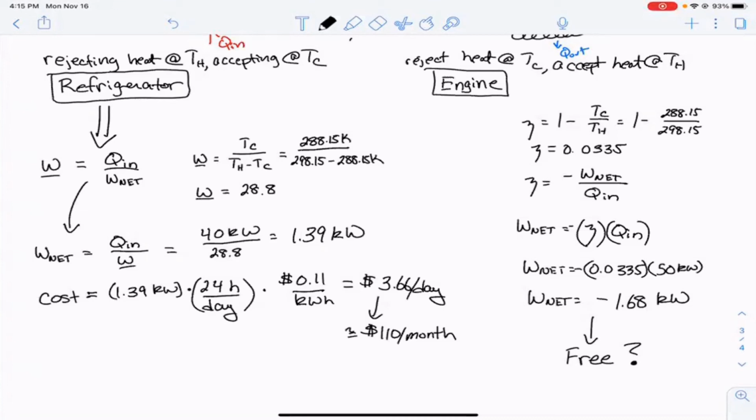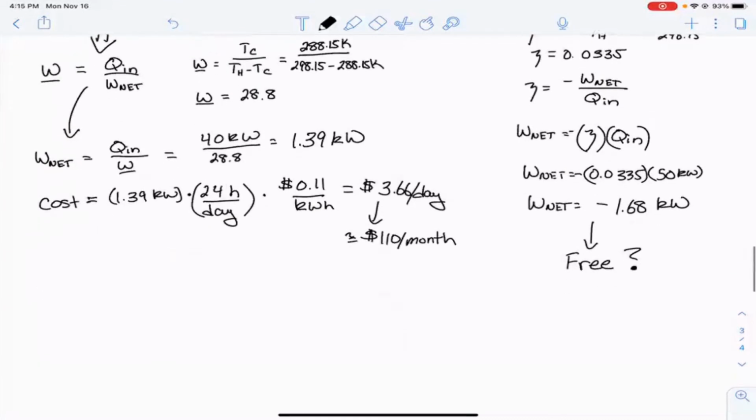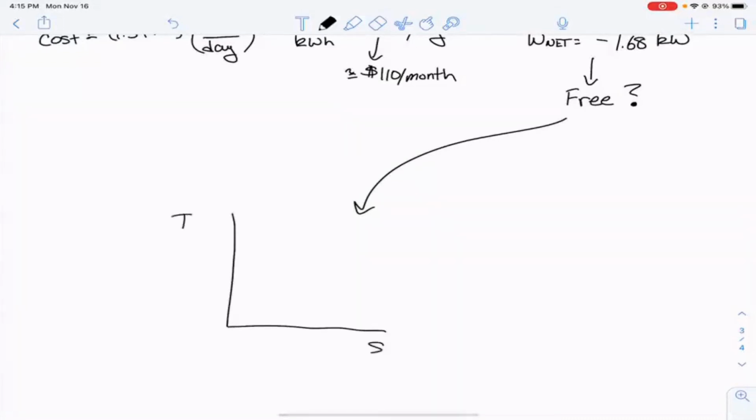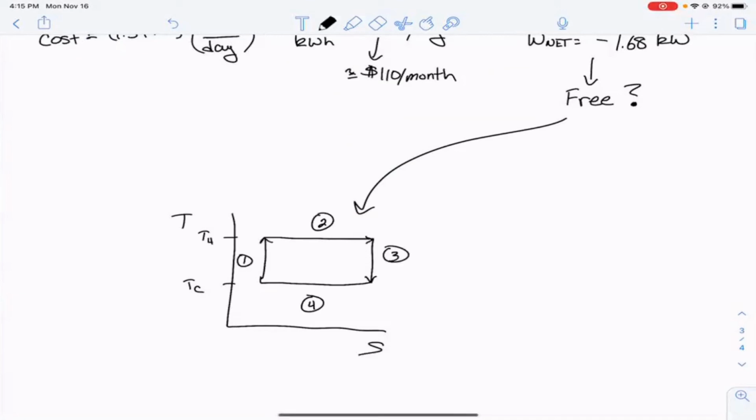And it's because in the Carnot cycle, we often think about it as being a simple representation of the TS diagram, where we know that we exist between T hot and T cold. And as we've labeled these steps in our class, we're going around clockwise in this diagram.